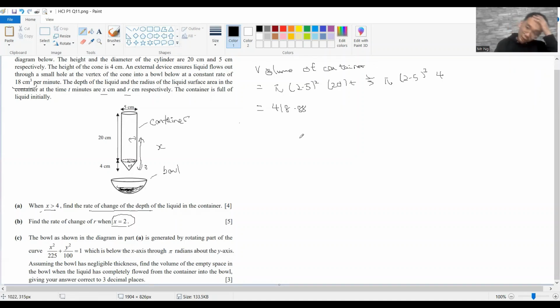I will give it in terms of decimal instead of pi, because over here they say 3 decimal places.